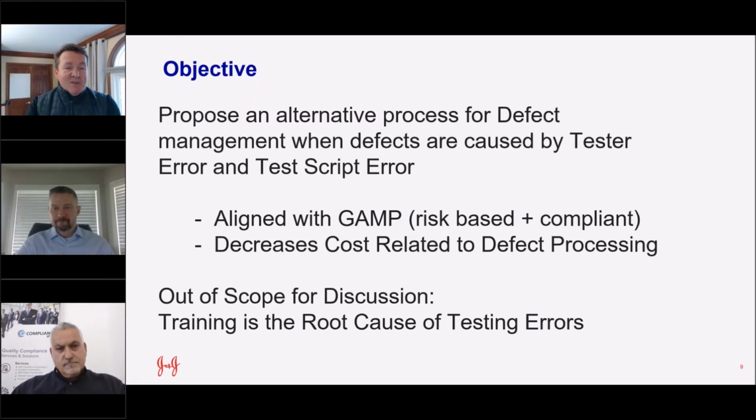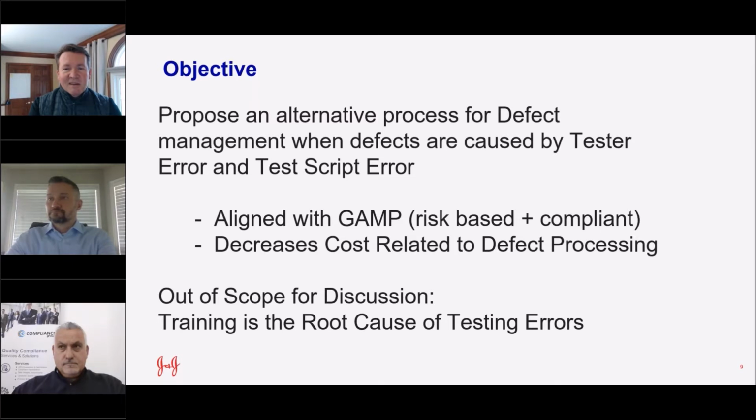So the purpose today is to give you an alternative process. Again, does this mean that it's going to be prescribed in CSA? No. This is just our interpretation looking at a particular situation for our company, on how you look at and handle defects, particularly here about tester error. So essentially when your tester actually causes a defect, and also errors that are caused by your test script.